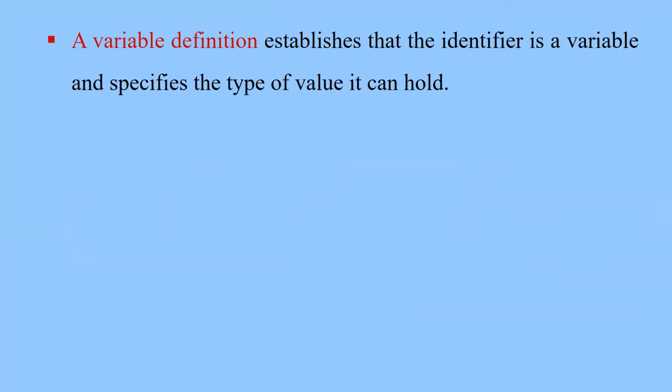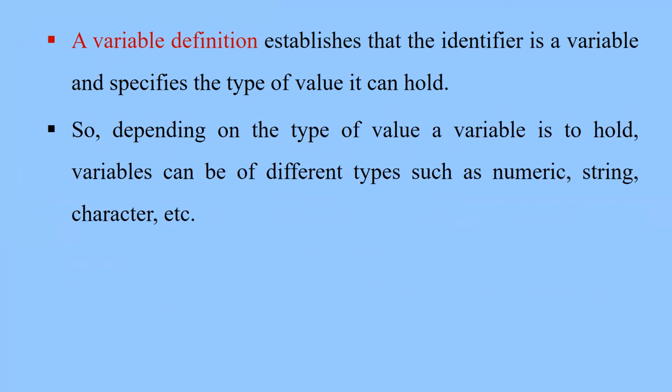A variable definition establishes that the identifier is a variable and specifies the type of value it can hold. So, depending on the type of value a variable is to hold, variables can be of different types, such as numeric, string, character, amongst others.